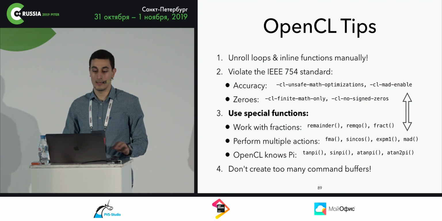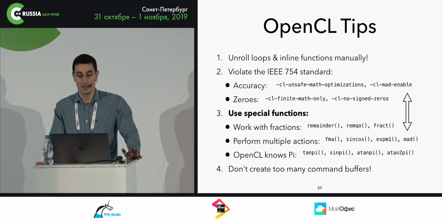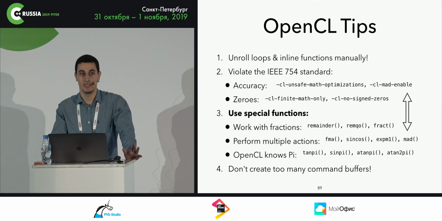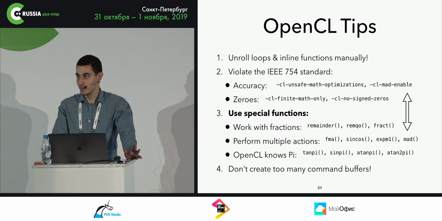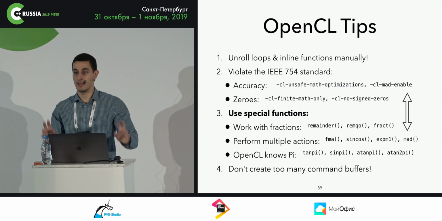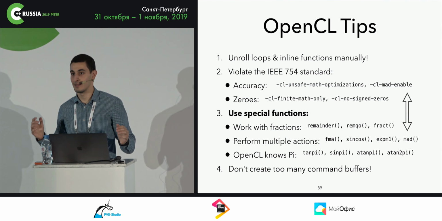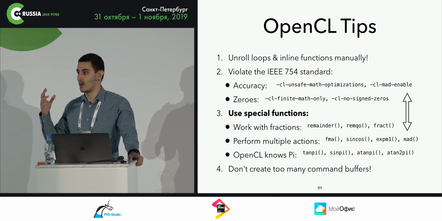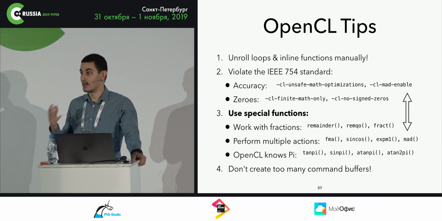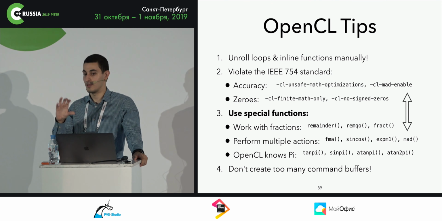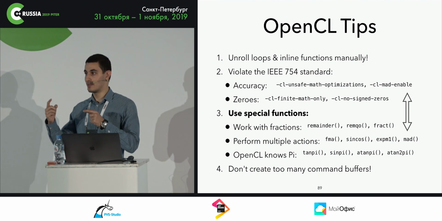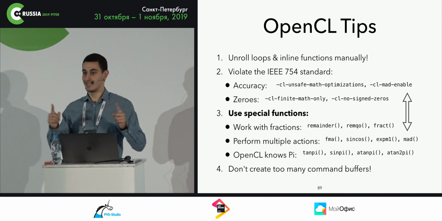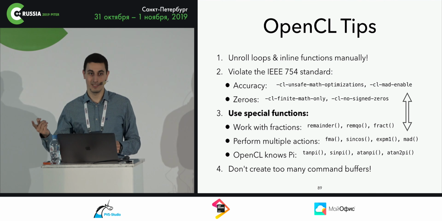So for OpenCL, the tips and tricks basically boil down to the limitations and weaknesses of the platform. OpenCL is extremely outdated. If you have dependencies and inclusions between OpenCL files, very often you may not be able to implicitly compile your code if it's split into multiple files. So you may want to read the file contents manually, concatenate the strings, and then pass them into the just-in-time compiler.